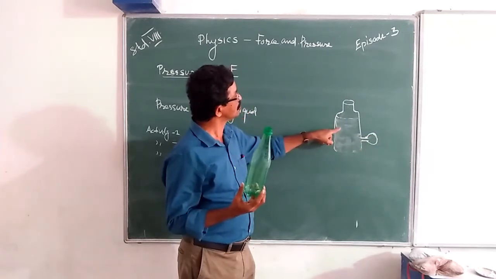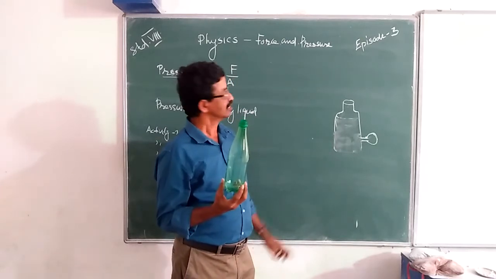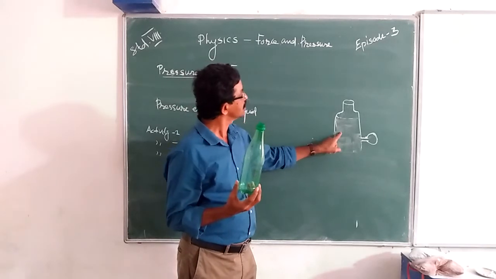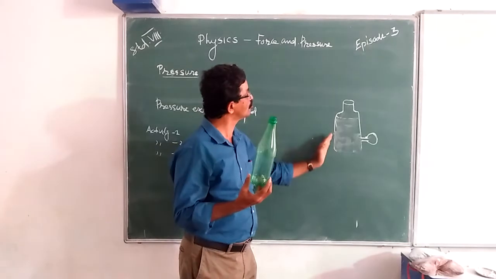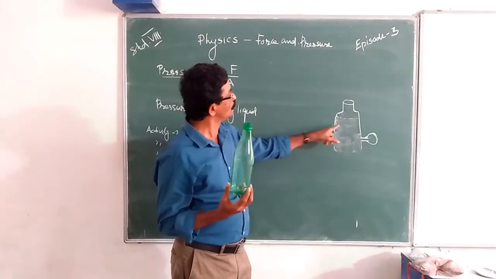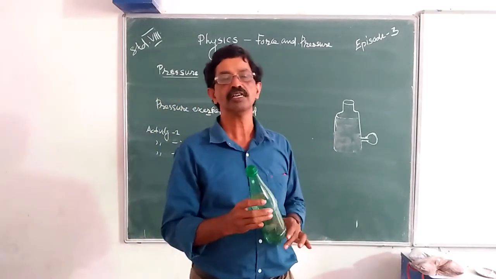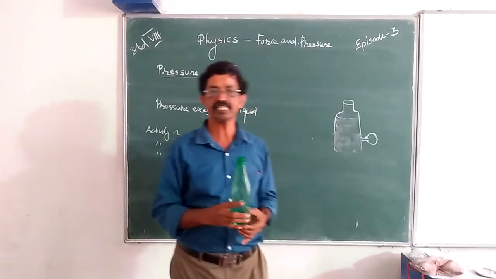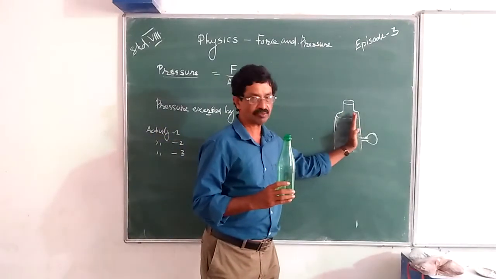Because this water can exert pressure sideways also. That means the container in which we took that liquid, water or any other liquid, can exert pressure on its sides also.